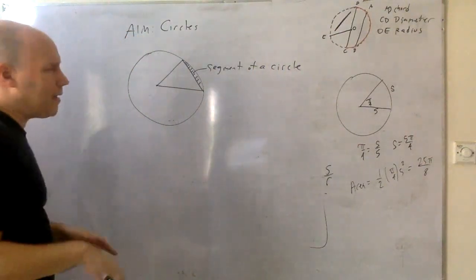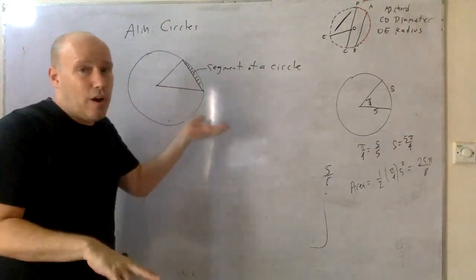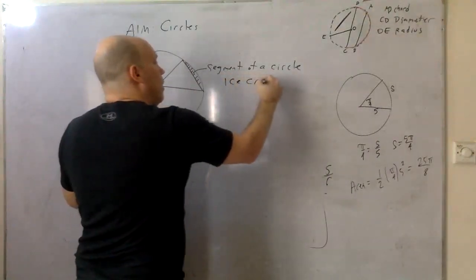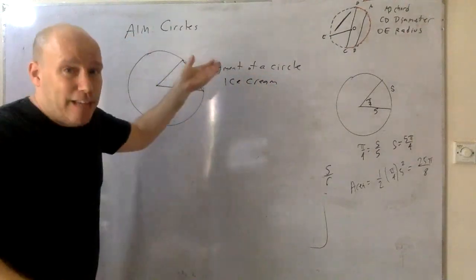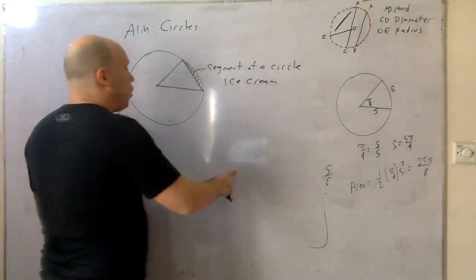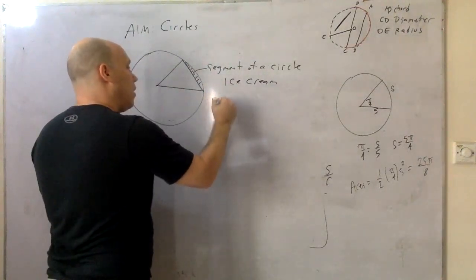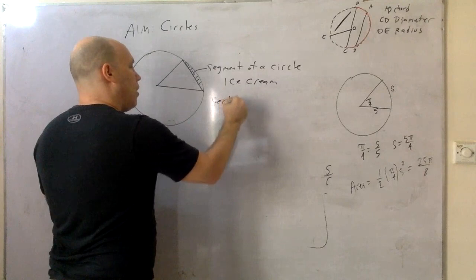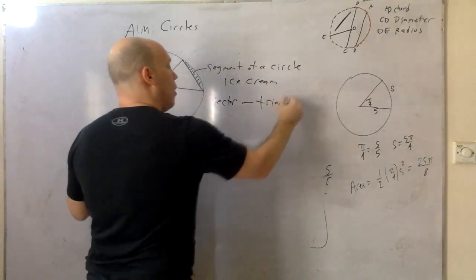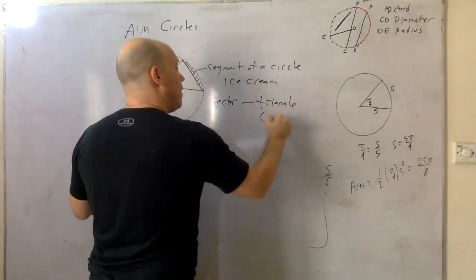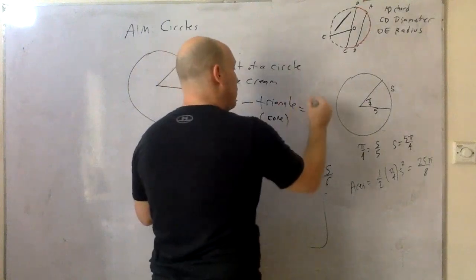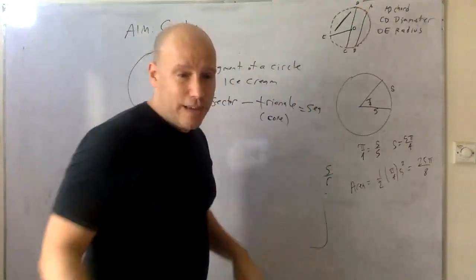Well, these problems show up on the test. First of all, how do we find the area of that segment? It's like ice cream. The segment of the circle is like the ice cream of an ice cream cone. So you're going to take the sector and subtract off the cone, because I like a sugar cone. I love sugar cones. And that equals the segment. And that's like the ice cream.